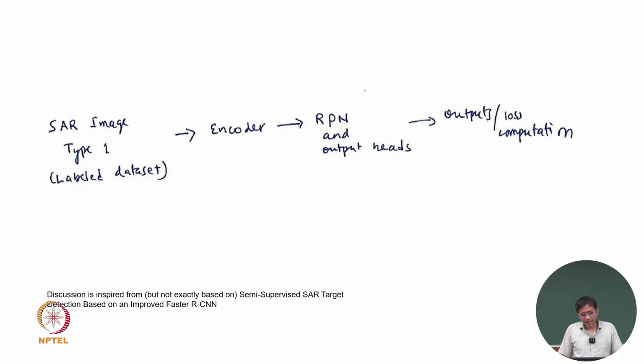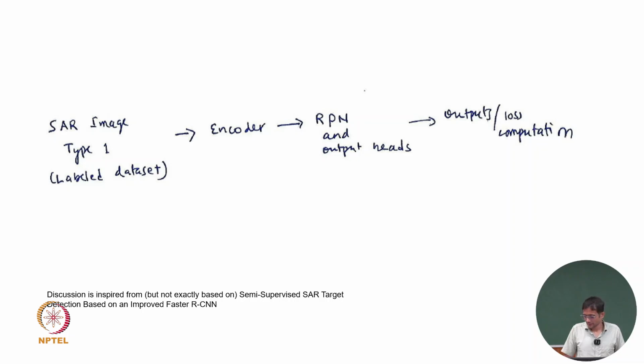So we have this SAR image type 1, which has the labeled data set, and we are processing it through an encoder, then the region proposal network and output heads, and we are getting the outputs. The output loss computation is happening. This has a labeled data set, so we can train this end to end with Faster RCNN.